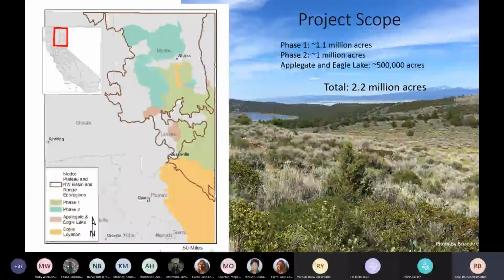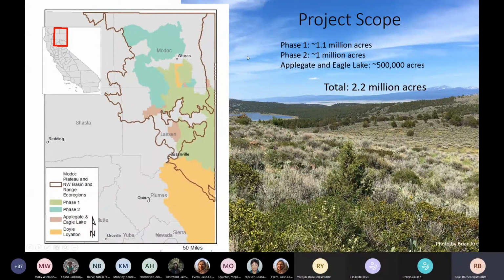So the scope of the project that we're going to focus on today is everything that falls within the Modoc Plateau and Northwest Basin and Range USDA defined ecoregions, which in this map is the brown polygons that you see here.